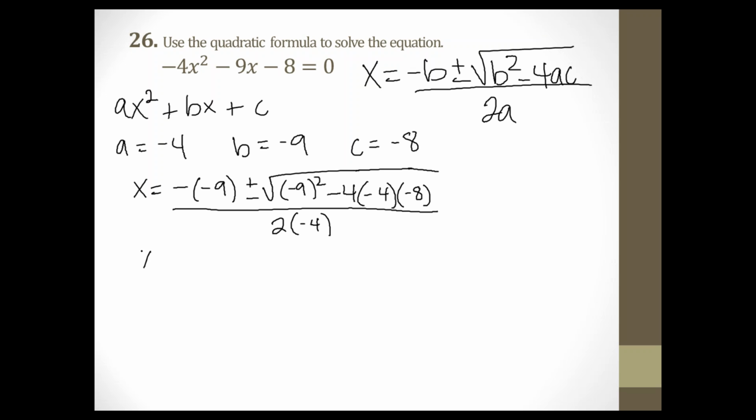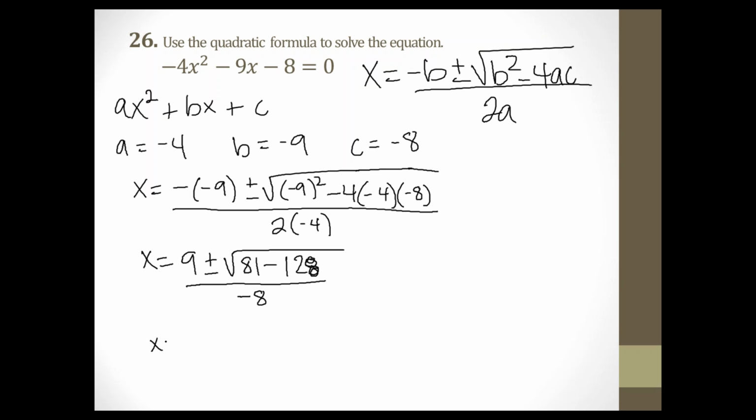So let's clean this up a bit. Negative times negative 9 is positive 9 plus or minus the square root of negative 9 squared, which is 81, and then negative 4 times negative 4 times negative 8 is going to give me a negative 128. And then that's going to be divided by 2 times negative 4, which is negative 8.